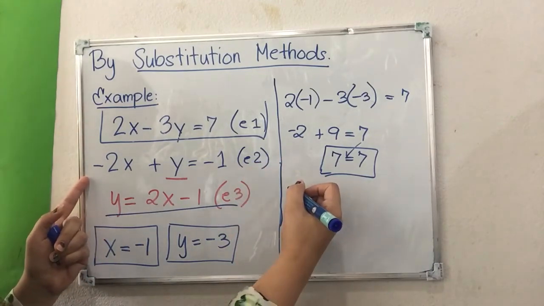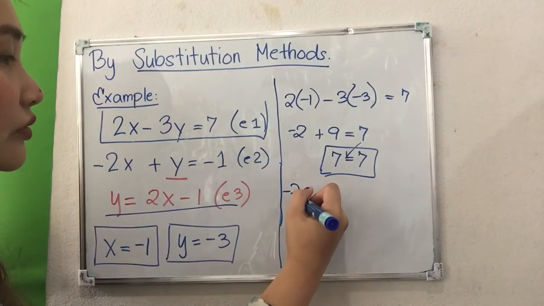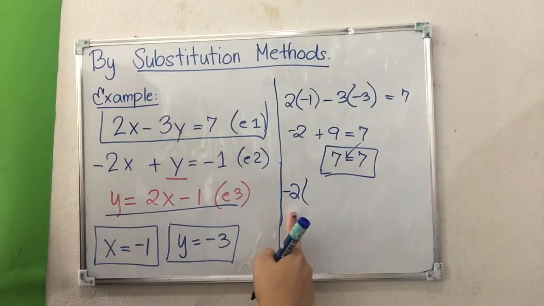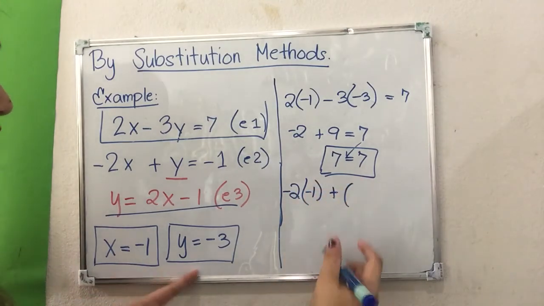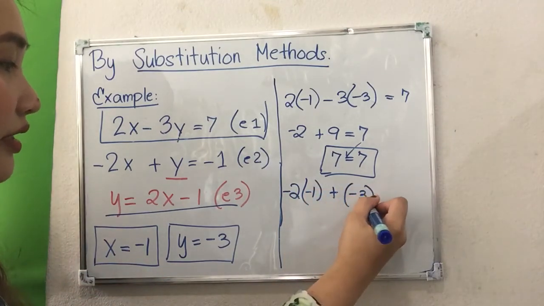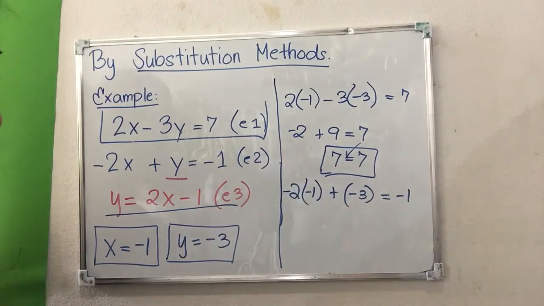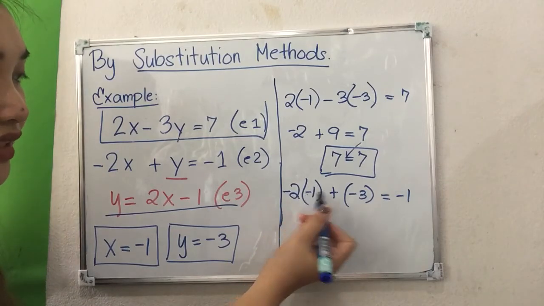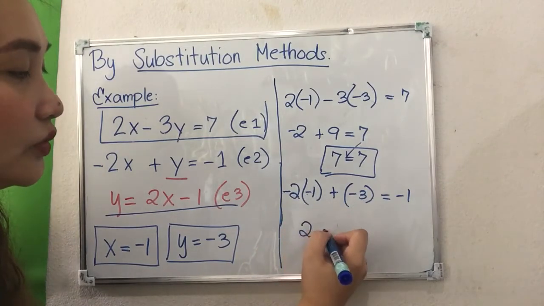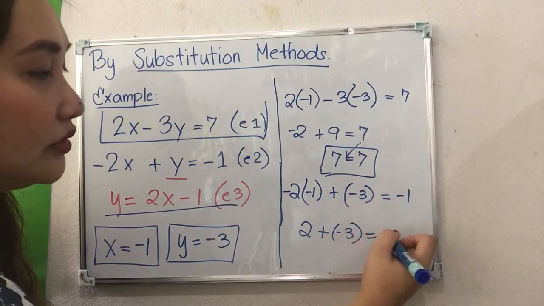Next, equation 2. We have negative 2 times x, negative 1, plus y, negative 3, is equal to negative 1. Simplify: negative 2 times negative 1 is positive 2, plus negative 3 is equal to negative 1.